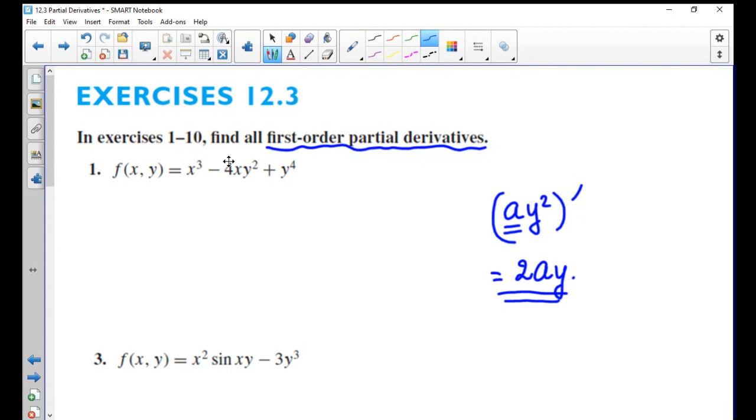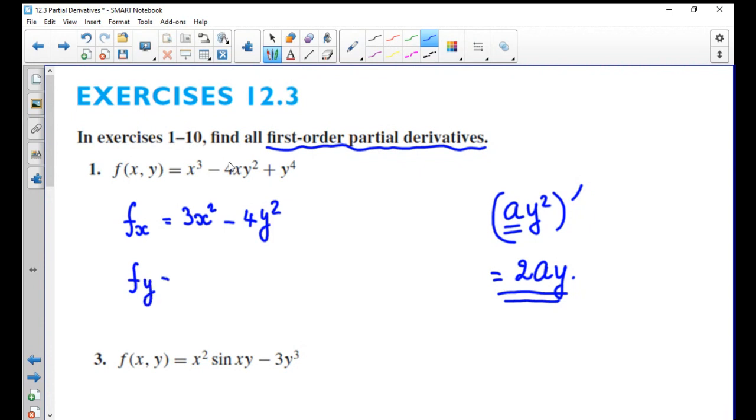Fx then, yeah. Derivative with respect to x, so this will give you 3x squared, and then the second term will give you minus 4y squared. The y to the power of 4 will give you 0, so this is fx.